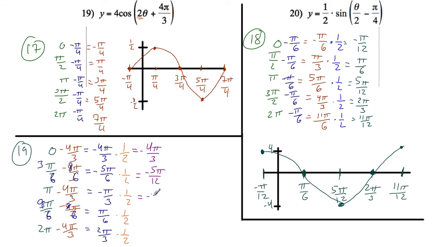This is going to be negative pi over 6, and this is positive pi over 12. And this is going to be a positive pi over 3, which this is negative 2 pi over 3. And that should all work out.